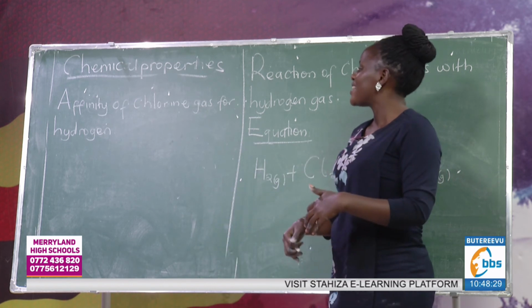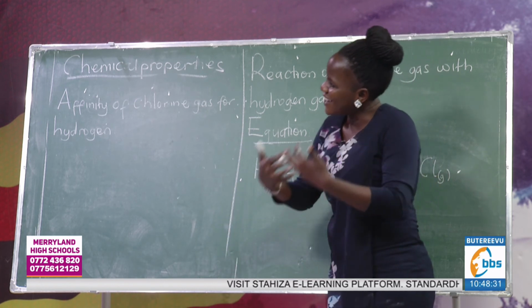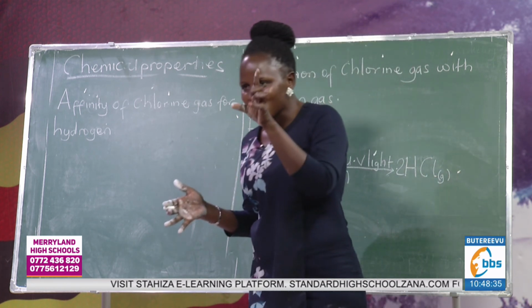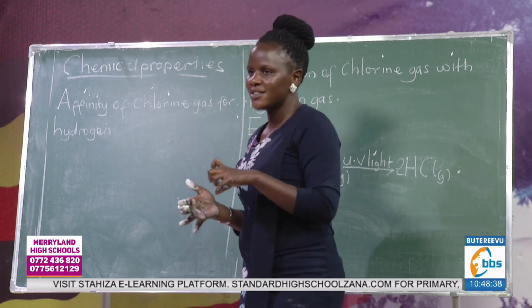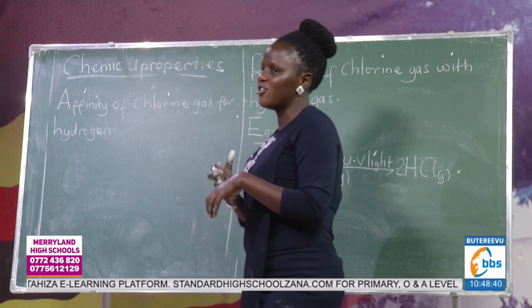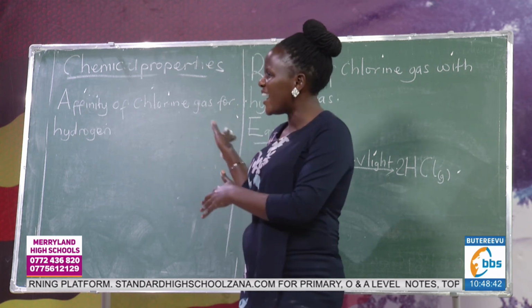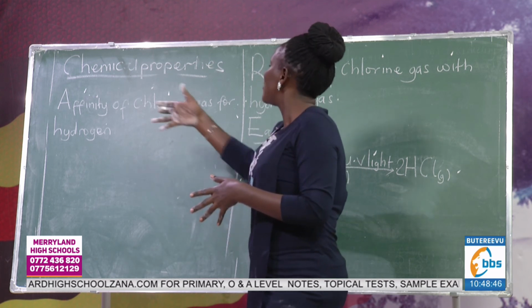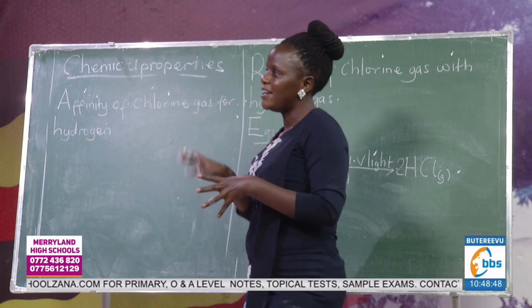So it means that chlorine has that high love for hydrogen. Whenever it meets a compound that has hydrogen in it, it tends to take away the hydrogen, and you leave behind the other part of that compound. So that is what that subheading is trying to mean.